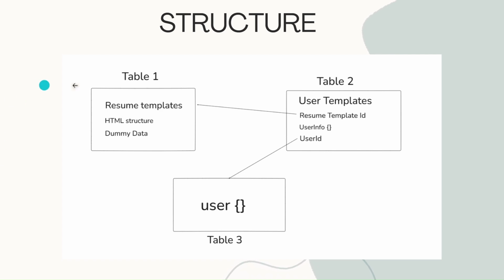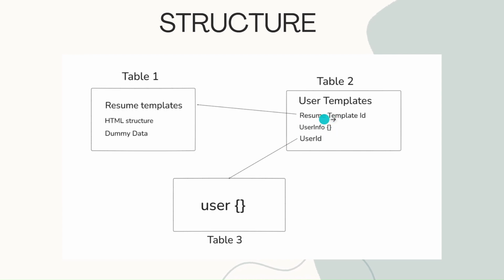Now the first table contains all the HTML structure or dummy data of a particular resume template, and whenever a user selects any template, that particular template is stored in the user templates table, which contains two keys, foreign keys basically. One points to which resume template it is pointing to, and the second is which user has selected that particular template. It also has a third field which is user information.